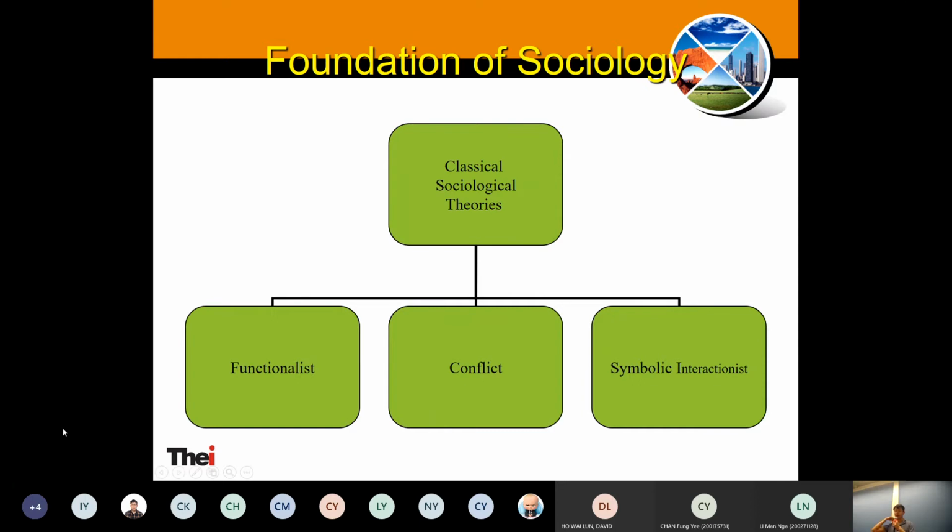For example, from the video, it seems that it would be good to talk about functional approach because it really can interpret the functions and the roles of different social organizations. Let's say, for example, when we talk about schooling, hospital, government, all of them do have their roles and stages.